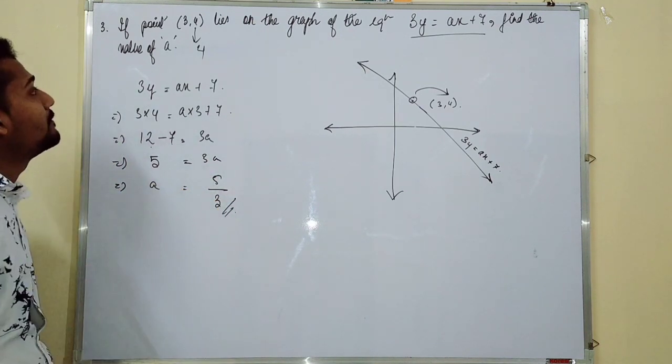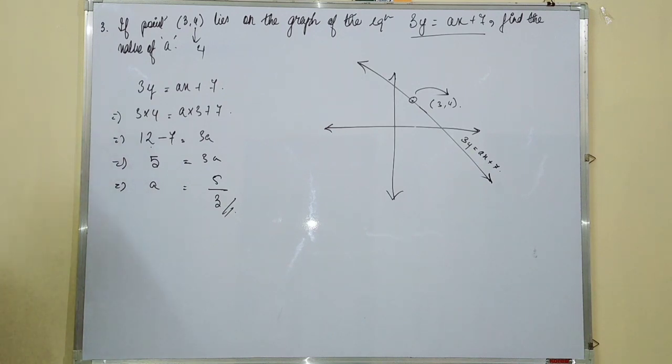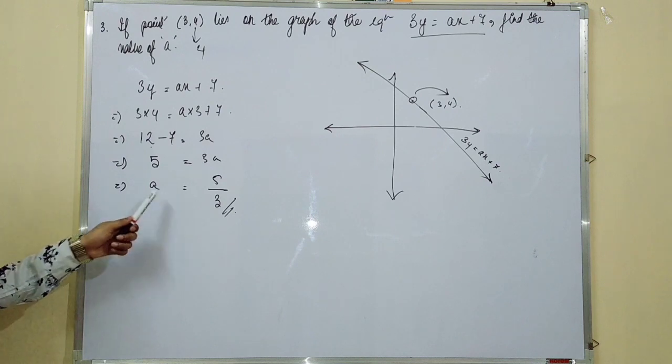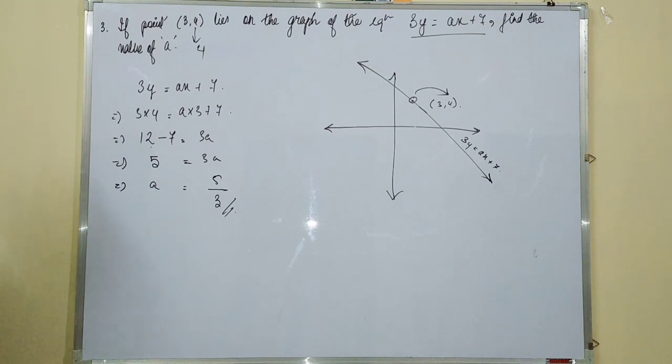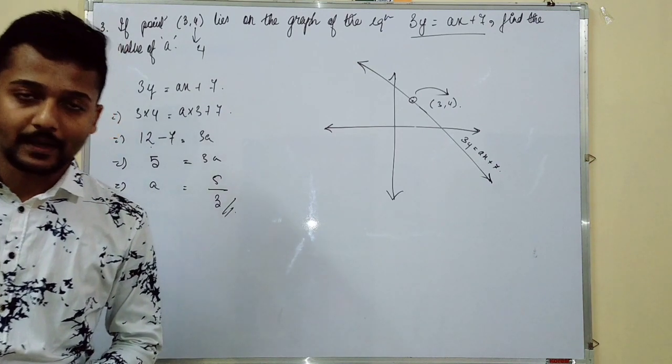This is the value of a. I hope you have understood till this much. So note it down quickly, then we are going to move on to the next part.